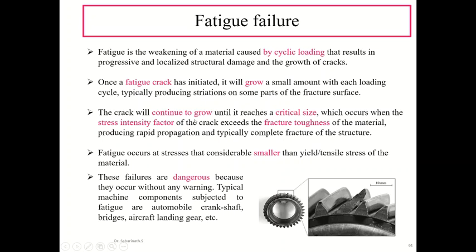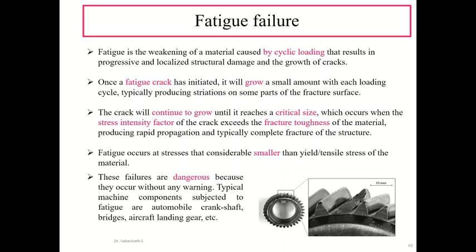The crack will continue to grow until it reaches a critical size, which occurs when the stress intensity factor of the crack exceeds the fracture toughness of the material, producing a rapid propagation and typically complete fracture of the structure.